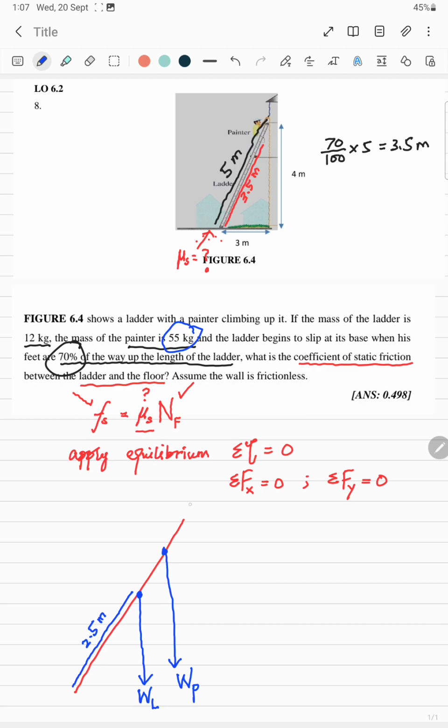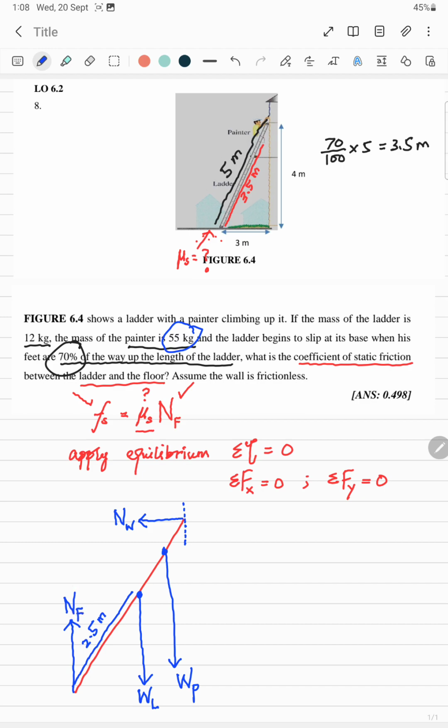Then the top end of the ladder is touching the frictionless wall. So touching the wall, we have the normal force from the wall, which I denote by NW. Besides that, there will also be a normal force from the ground or the floor, because the ladder is touching the floor.